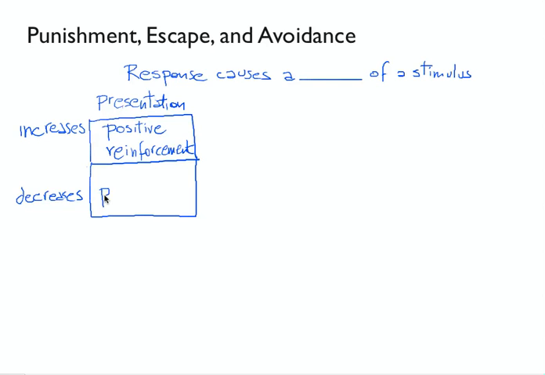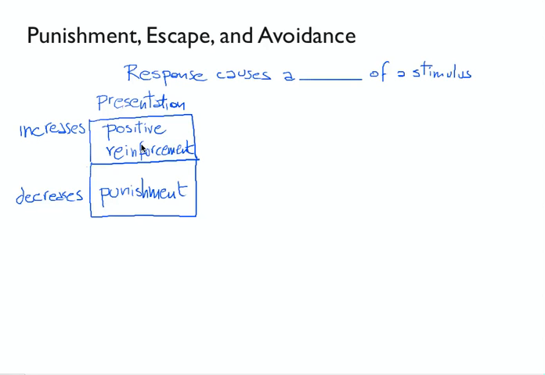And this is what we would normally call punishment. Some people may refer to this as positive punishment, just like with reinforcement we're referring to it as positive reinforcement. And what positive means in this case is that a stimulus is being presented.